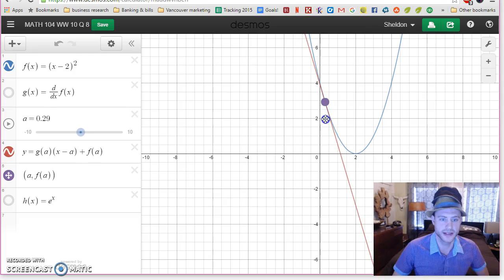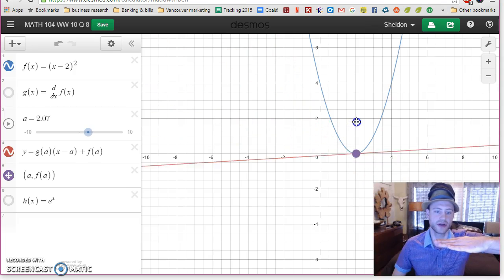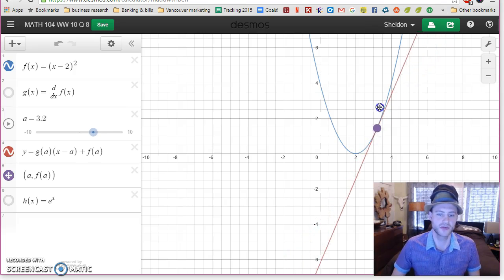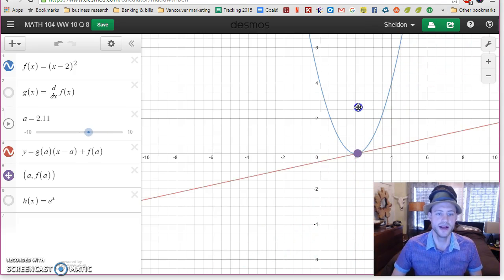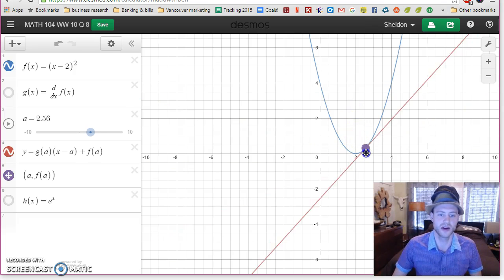I know that because no matter where I start, if I move my x to the right, the slope is increasing. That's why this is just a parabola, of course. That's why it's concave up everywhere, because as x increases along the x-axis, the slope of the tangent line increases.